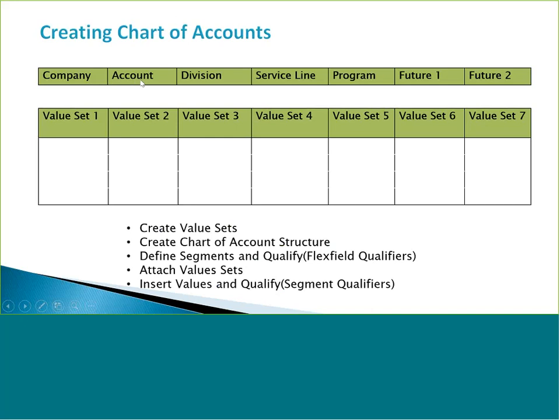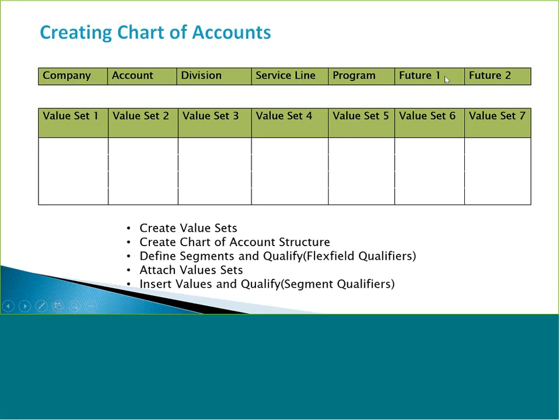We are going to have a natural account segment, which is going to contain the accounts, the natural accounts for our company, for our group of companies. We are going to have a division segment. And then we are going to have service line and program. We're also going to have two extra segments labeled Future 1 and Future 2.